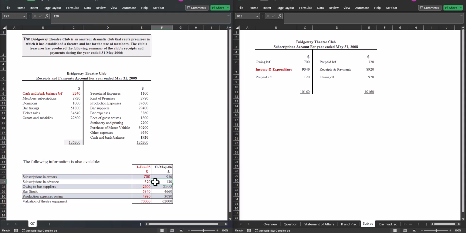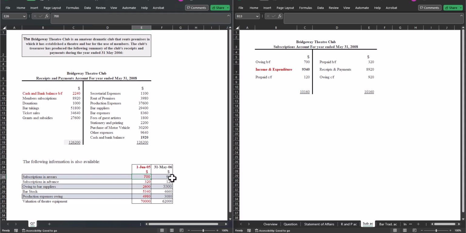Now, on the other hand, accruals or arrears belonging to the previous year, in this case $700, we subtract that amount from the total subscription in the receipts and payment account. Meanwhile, we add any unpaid or accrued subscription that belongs to the current year, in this case $920, to the total.